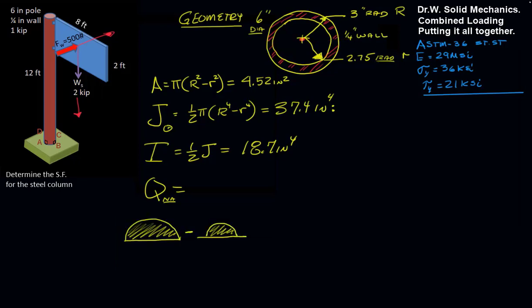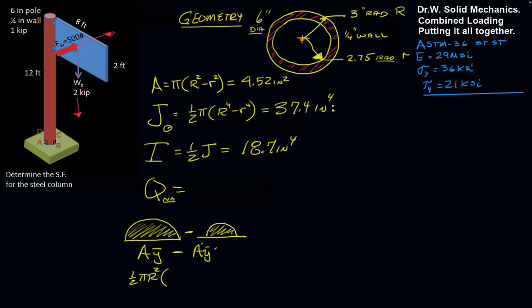And we can do that as composites, so it would be A y bar of the larger segment minus the A y bar of the little inner segment. And from there we'll get 1/2 pi R squared.